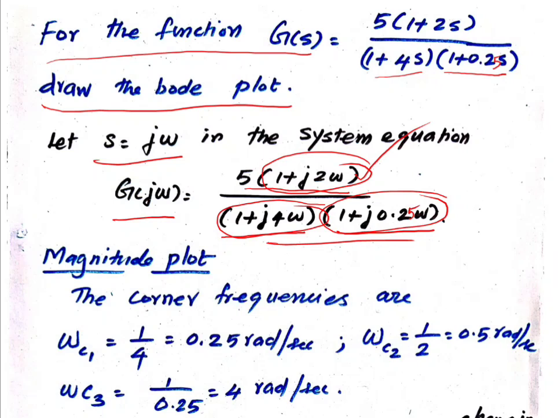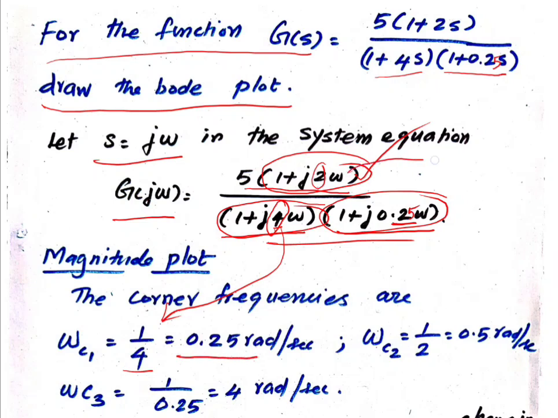So by seeing this coefficient, 4 is the low frequency, next one is 2 is another frequency, and the final one is 0.25. So I am taking the coefficient of jω, 4, as the first corner frequency. So the first corner frequency ωc1 = 1/4 = 0.25 radians per second.